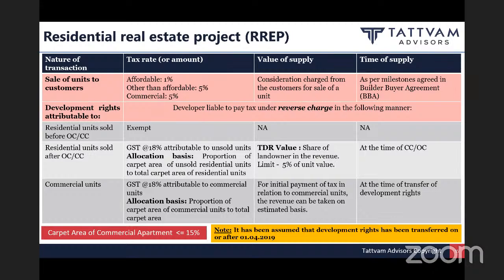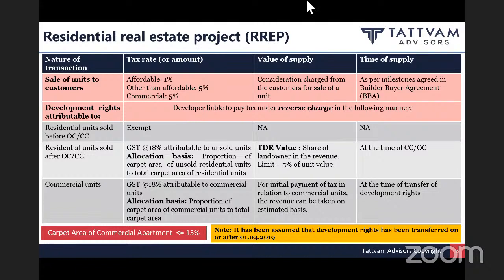So there is no reverse charge liability on the developer to the extent of these 80 units which he has sold. However, with regard to the unsold area, that is 10 residential units which remain unsold, the developer at the time of OC has to pay GST under reverse charge mechanism, and the maximum tax liability on these development rights under reverse charge mechanism on the unsold units is equal to the market value of the unsold units at the time of OC into 5%.